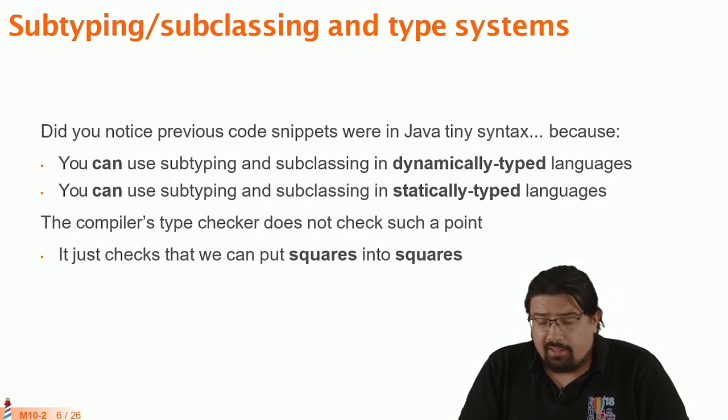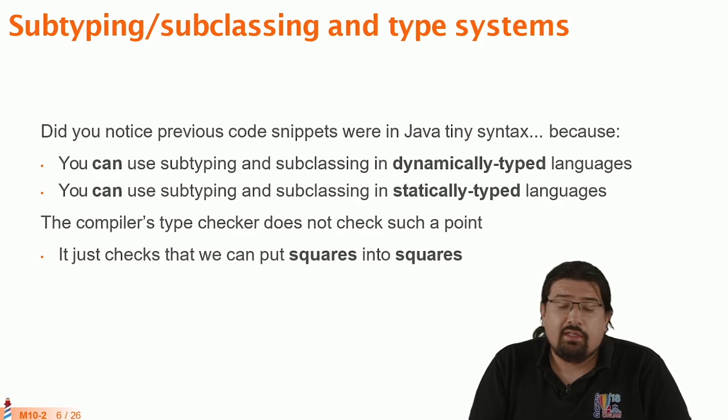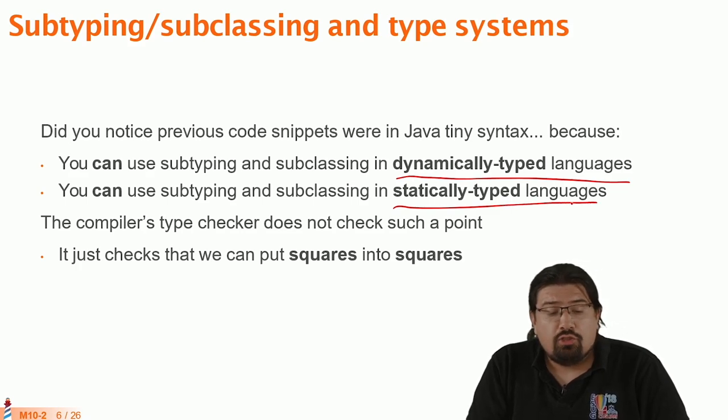One interesting thing is that the previous examples were in our little reduced Java-like syntax, because in both dynamically typed languages and statically typed languages, subtyping and subclassing are really useful.